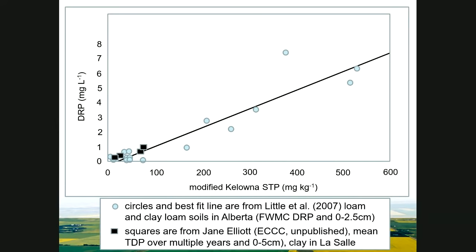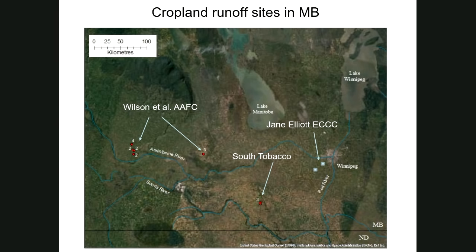I've added a few points here that my colleague Jane Elliott with Environment and Climate Change Canada was kind enough to share with me for comparison, that were collected in the Red River Valley near Winnipeg with our methods to compare with this relationship, and they more or less follow the expected trend. They both used the Kelowna soil test there.